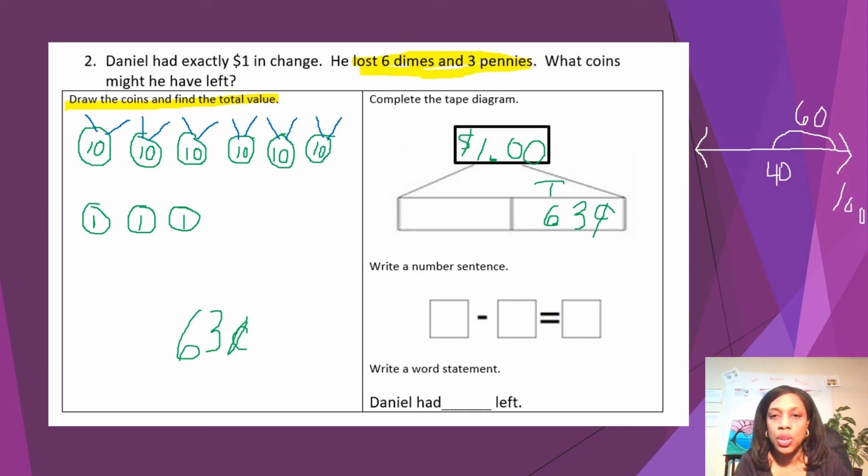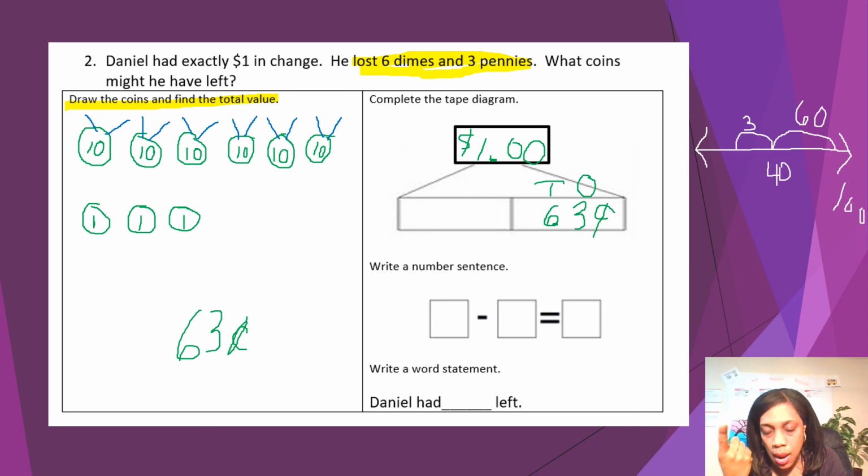Next, I'm going to look at my ones. He lost 3 ones. So now I am going to hop back 3 ones. If I hop back 3 ones from 40, I know I have to count backwards.